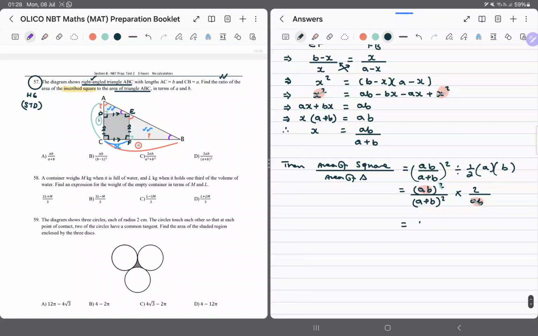So our answer is basically 2AB over A plus B all squared. So what does that look like? D. So this becomes our answer. Okay, so that is it, guys. So we can say here, therefore our answer here is option D.